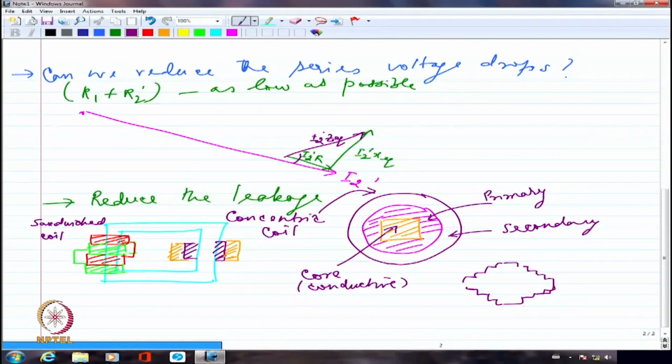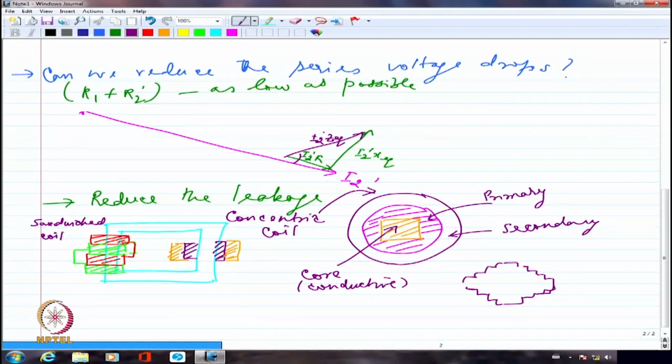If the primary is of low voltage rating, then I will put primary inside and secondary outside. Because if the secondary is of 400 kV and the primary is of 15 kV, 15 kV will require only less insulation, whereas 400 kV will require thicker insulation.